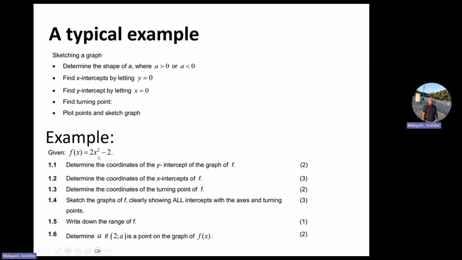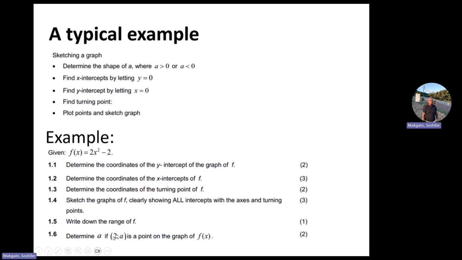Then 2 multiplied by 2 squared, that is 4 multiplied by 2, 8 minus 2, that will be equal to 6. That's what it means about the y value of that a when your x is 2.